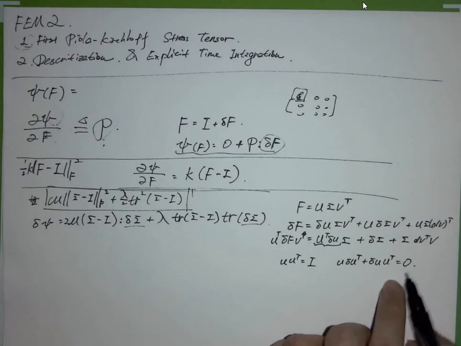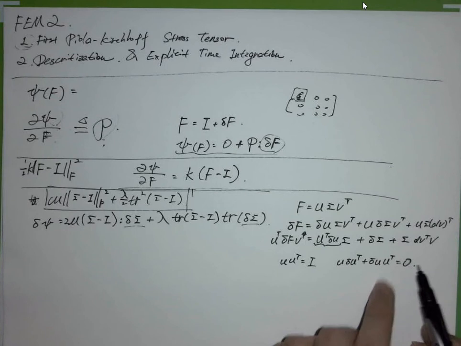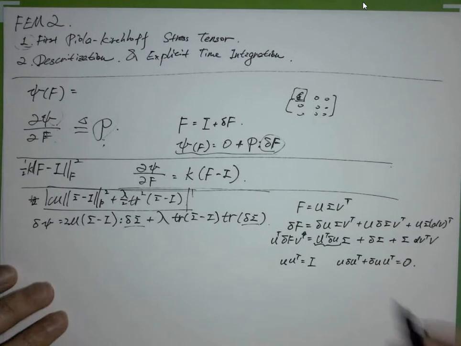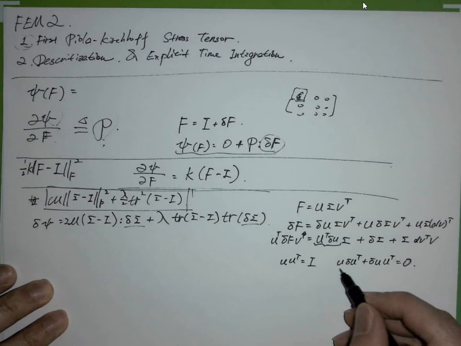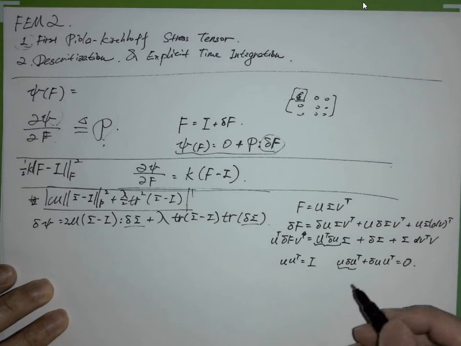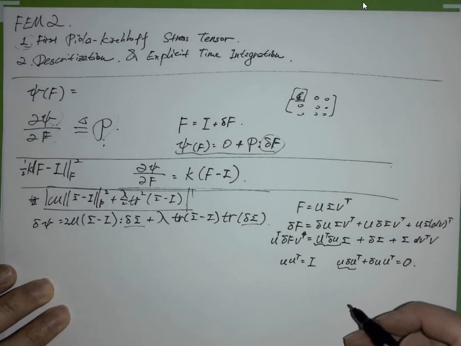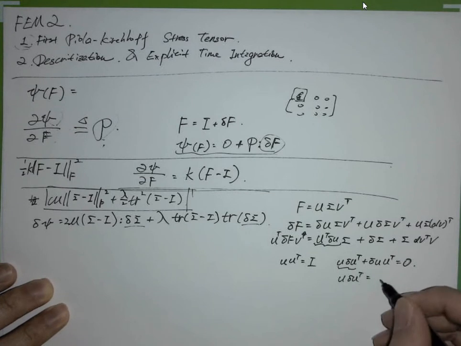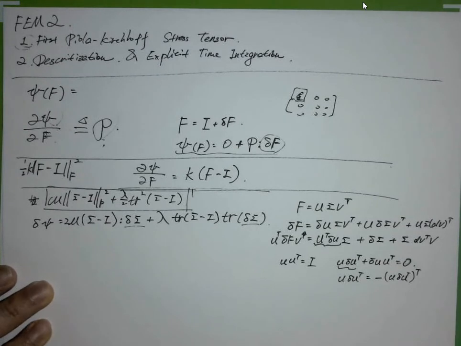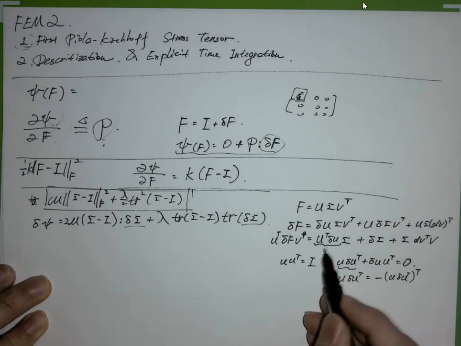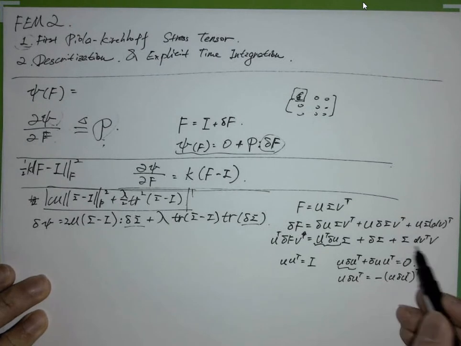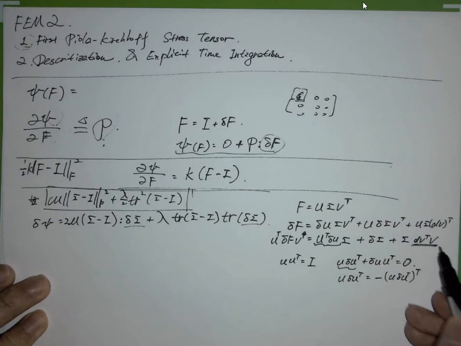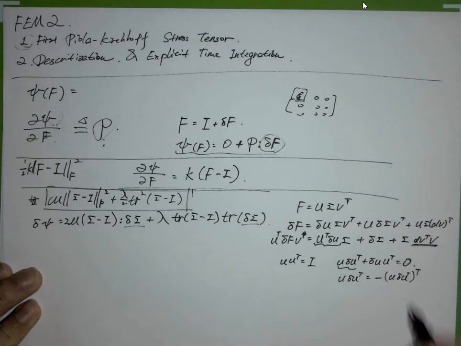So there is no reaction on the right hand side. That simply means that this matrix U transpose dU is a skew symmetric matrix. All right, so it's U transpose dU equals negative dU transpose U. So this one is a skew symmetric matrix, and this one is also a skew symmetric matrix, and I can prove it in the same way.